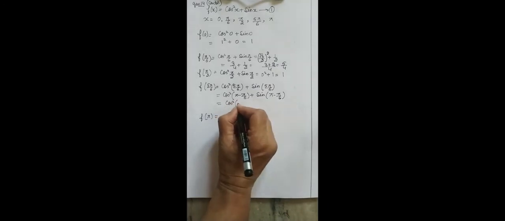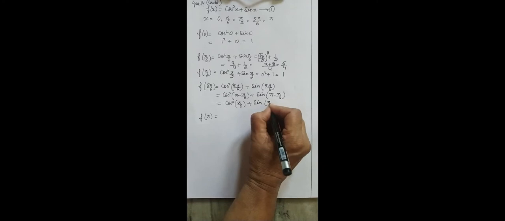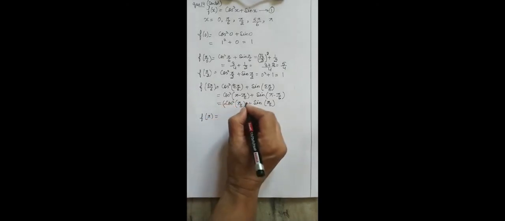So students, this will be equal to cos square pi by 6 plus sine pi by 6. This I have done by using the formula of allied angles. That is, cos 180 minus theta is always equal to, actually this should be equal to, it is minus, it is actually minus square.